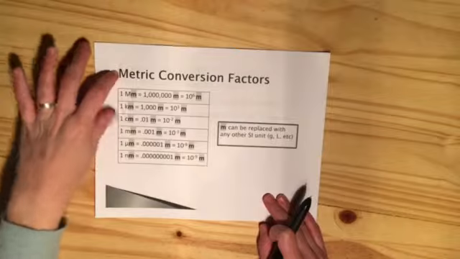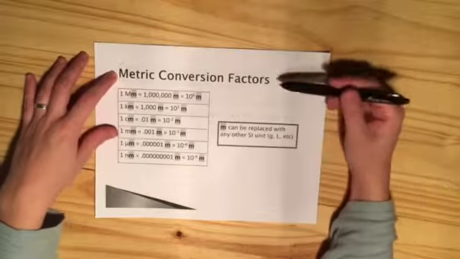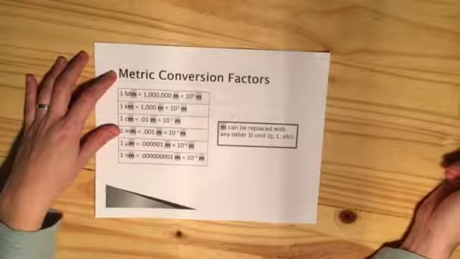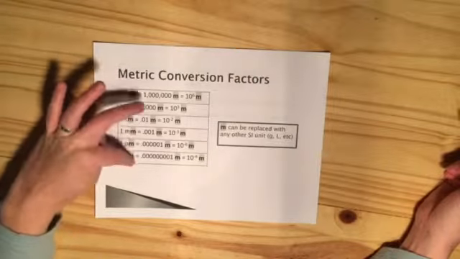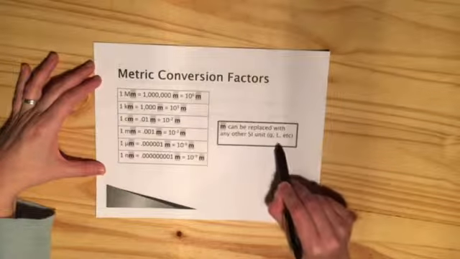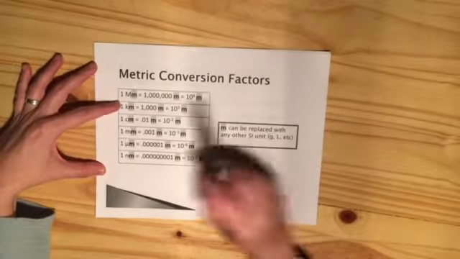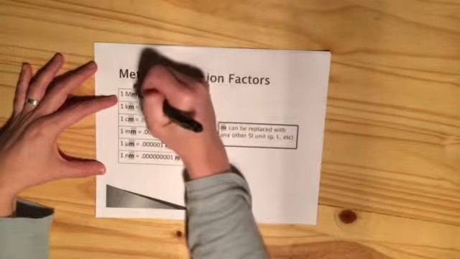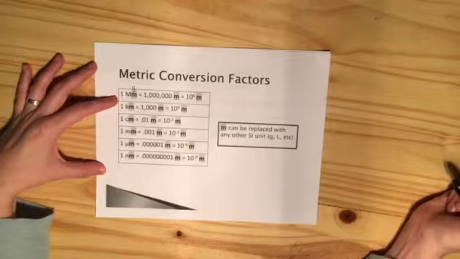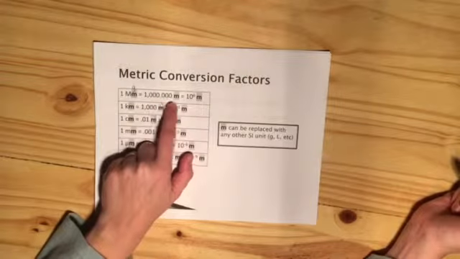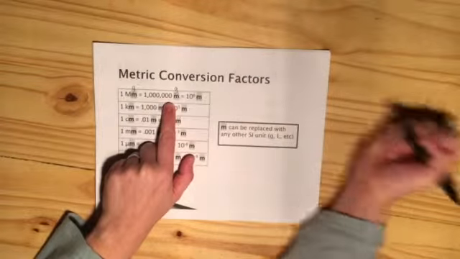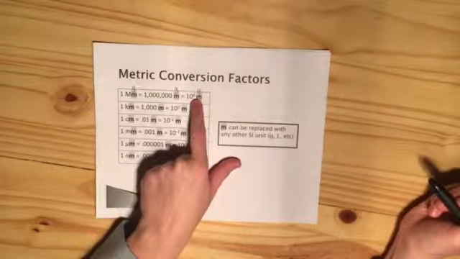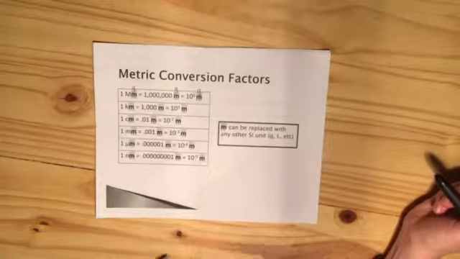For the metric system, earlier in the notes you saw the metric prefixes, and we can turn these into conversion factors. Here I'm using meters, but anything else can be replaced there, grams, liters, etc. And so it's set up that 1 megameter, or if this was grams, it could be 1 megagram, is equal to 1 million meters, or it could be grams, equals 10 to the 6 grams, whether you want it in scientific notation or regular zeros.